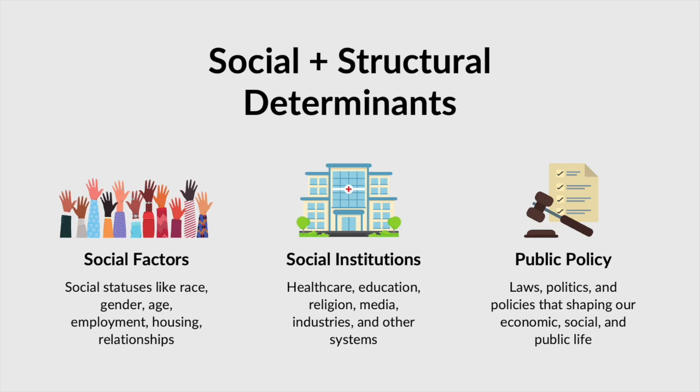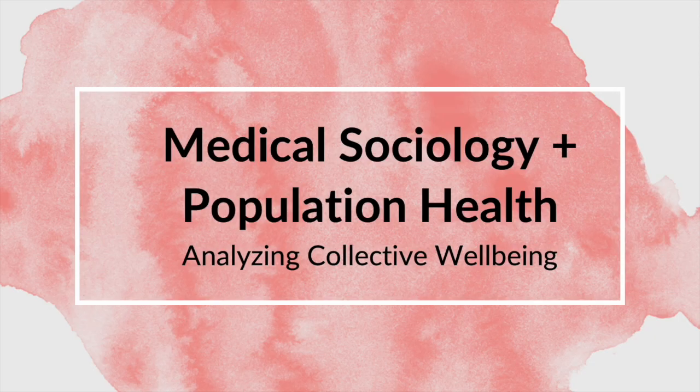All of those things are aspects of our health. So that is a brief overview of the field of medical sociology and population health as a concept and what that means as far as looking at root causes when analyzing and potentially improving our collective well-being.